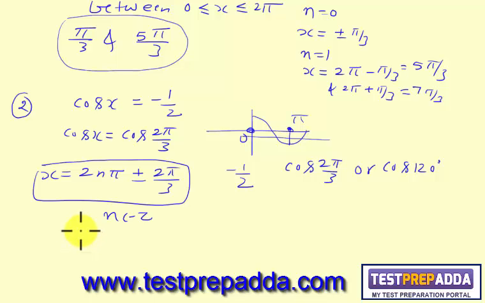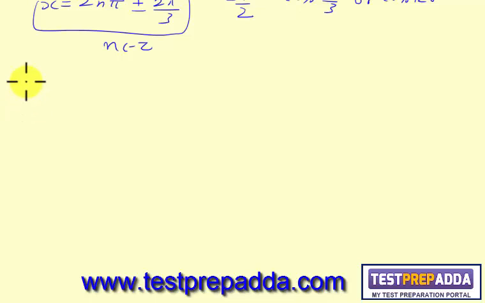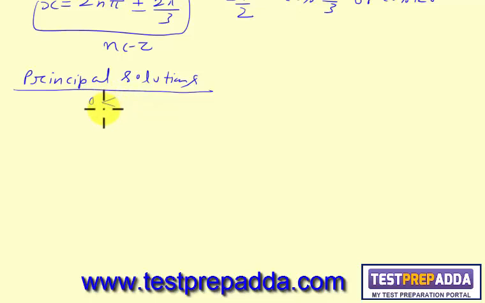X is equal to 2n pi plus minus 2 pi by 3, where n belongs to integers. Now if I try to find principal solutions, what is the interval? 0 to 2 pi. Okay, now if I put n as 0, then x comes as plus minus 2 pi by 3.